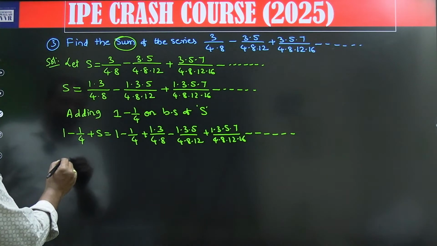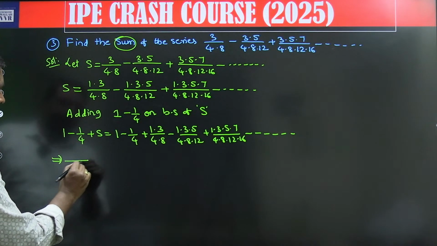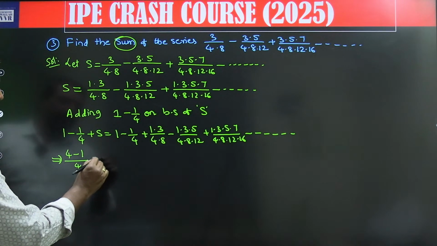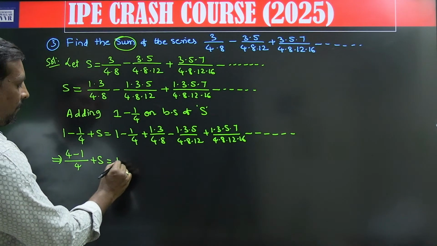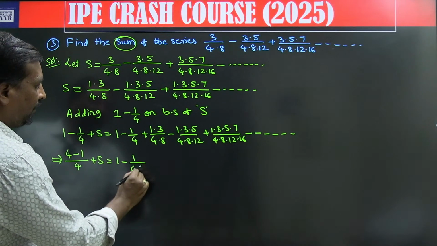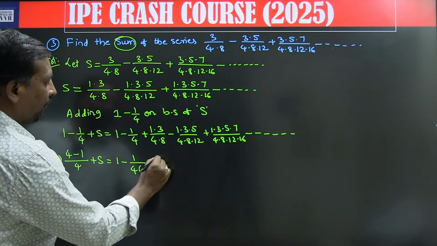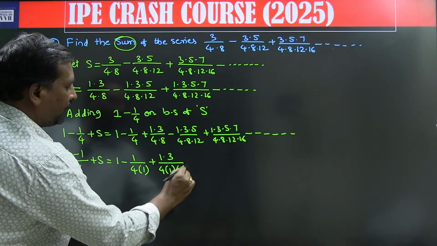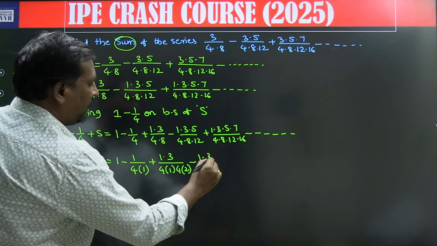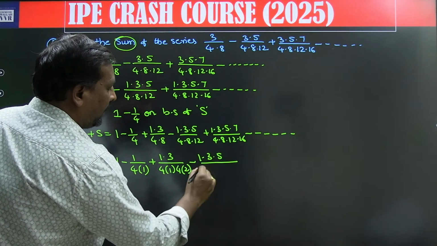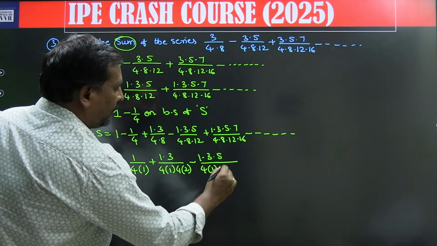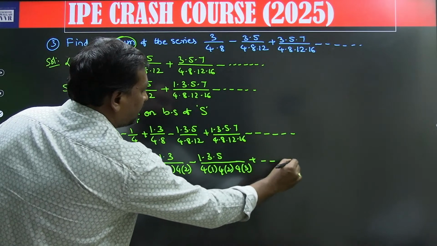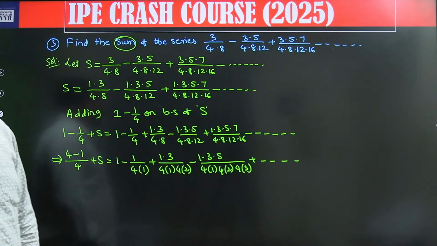Now 4 is the LCM. So 4 minus 1 plus S, 1 minus 1 by 4 into 1 plus 1 into 3 by 4 into 1, 4 into 2 minus 1 into 3 into 5 by 4 into 1, 4 into 2, 4 into 3 plus and so on.